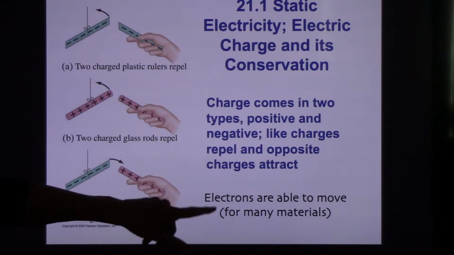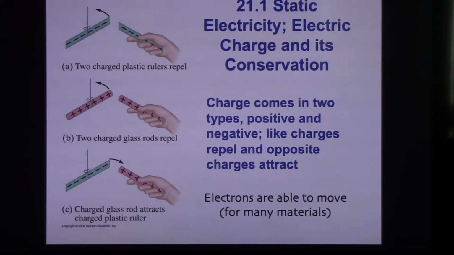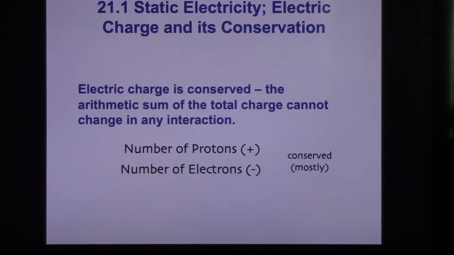So again, I added in here the electrons are able to move around for many materials. And so we typically think of the electrons as either there's a depletion of electrons in a positively charged object, or there's an excess of electrons in a negatively charged object.